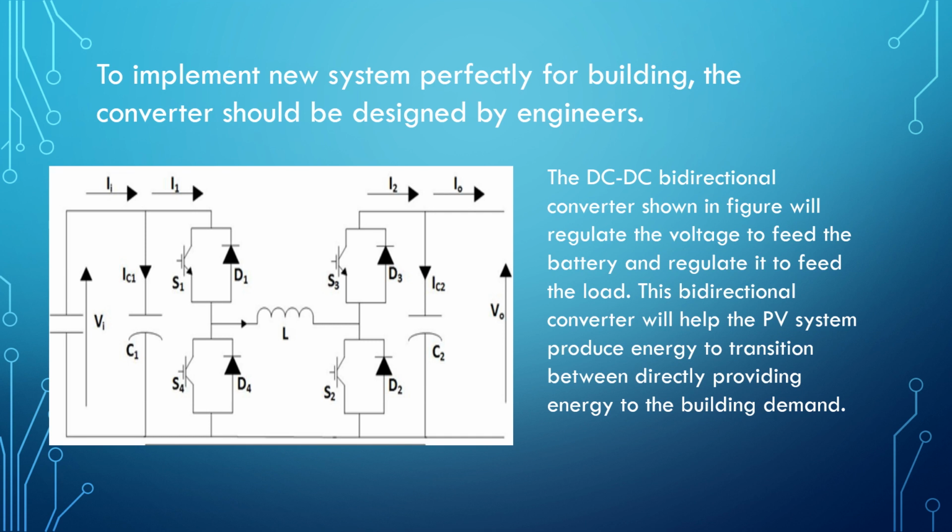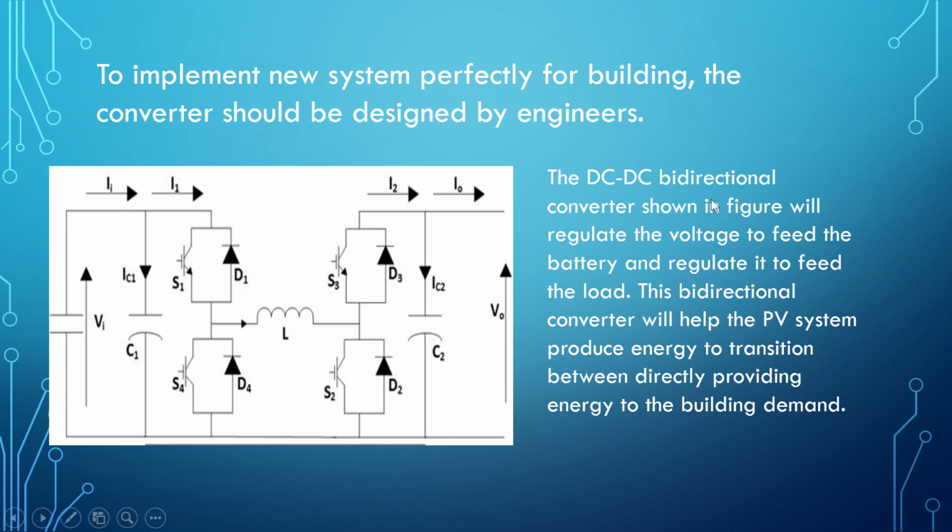And this one is the circuit of the converter. Because we have special parameters for the building load and special energy needs, maybe in the market we cannot find the perfect converter. So for the converter we have to design it ourselves.